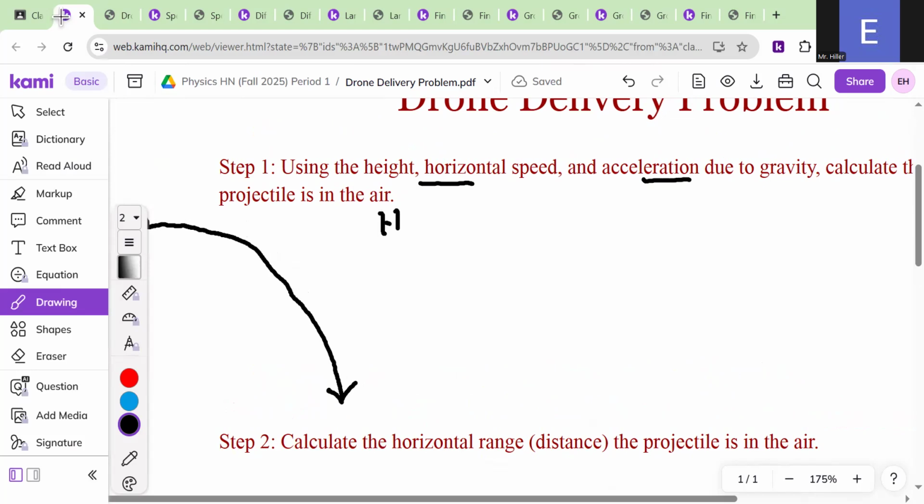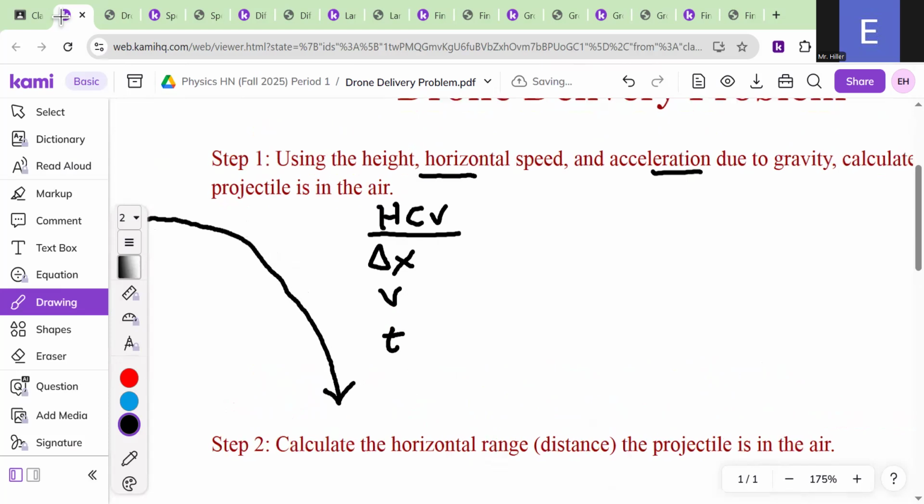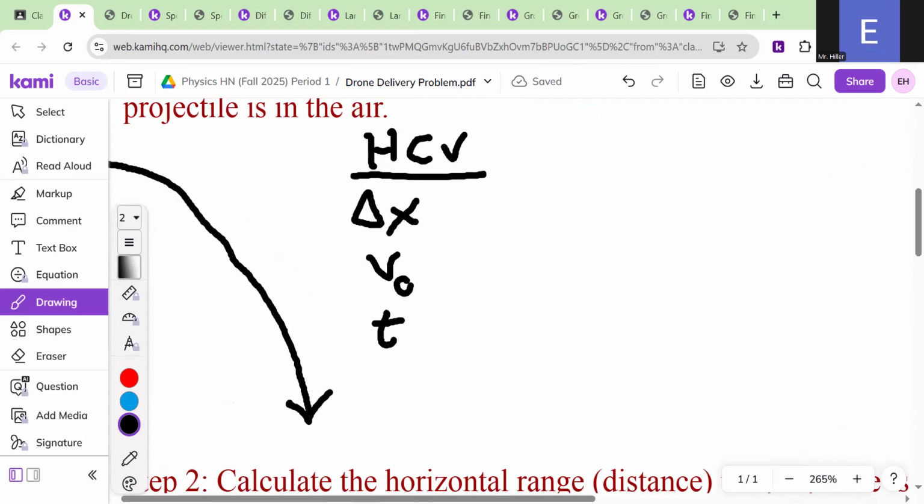The horizontal list is always going to be constant velocity. Those would be 3 variables, delta x, v, and t. However, v is going to get treated as v naught, the initial velocity of release. Since it is horizontal, we will call it v naught in the x direction.